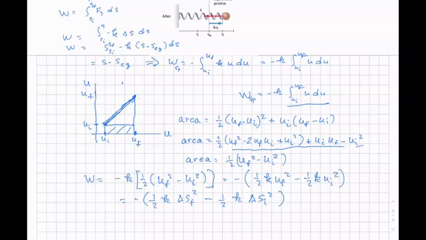And it's written this way because later on in chapter 10, you will learn that this first term will be called the final potential energy of the spring, and the second term will be called the initial potential energy of the spring. But we'll save that for chapter 10.